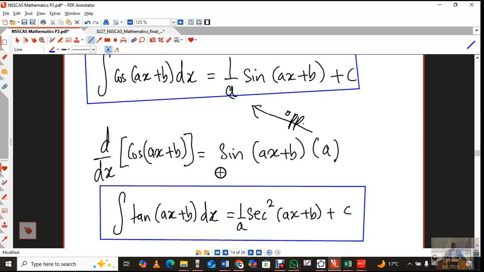Remember, the tangent one is wrong. So if you were to do the tangent one, let me just rewrite this one, because this is where I messed up a bit.